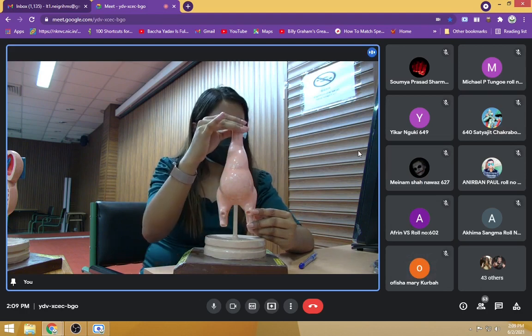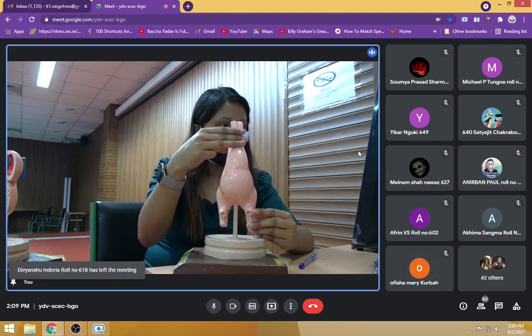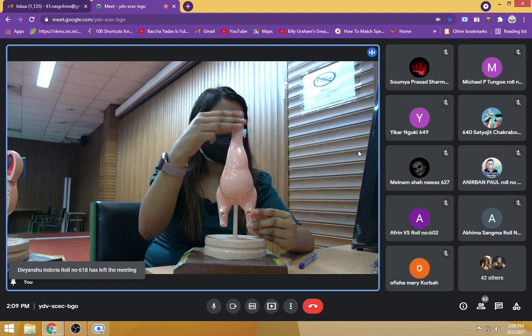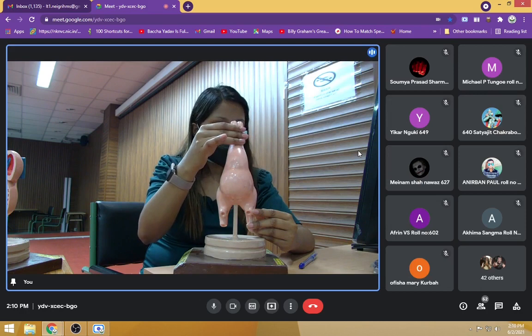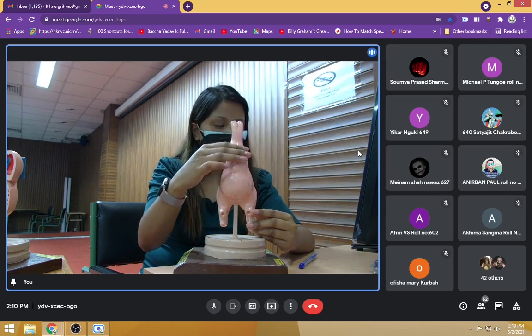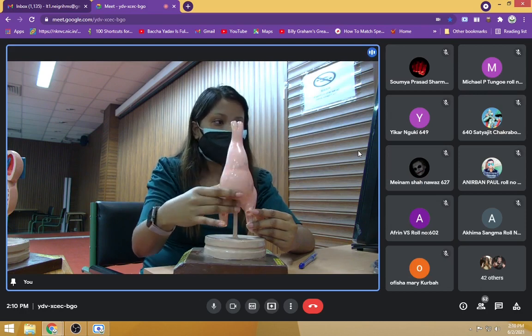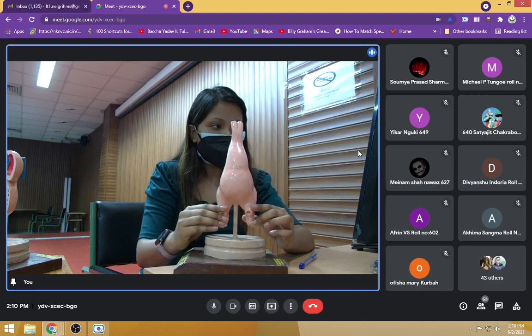The bulbous part is again divided into three parts, which are the truncus arteriosus, conus cordis, and the proximal one-third of the primitive ventricle. This part is the bulbus, this is the primitive ventricle, primitive atrium, sinus venosus, horn of the sinus venosus.